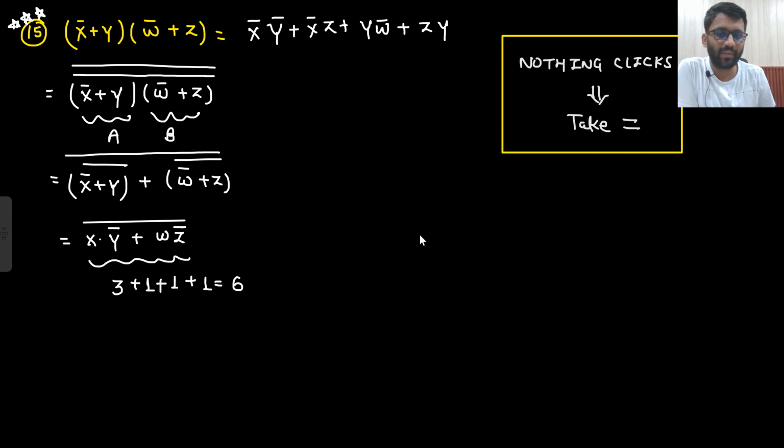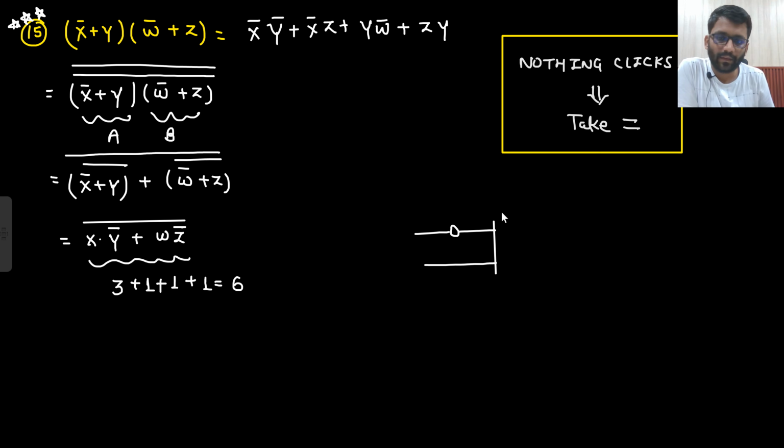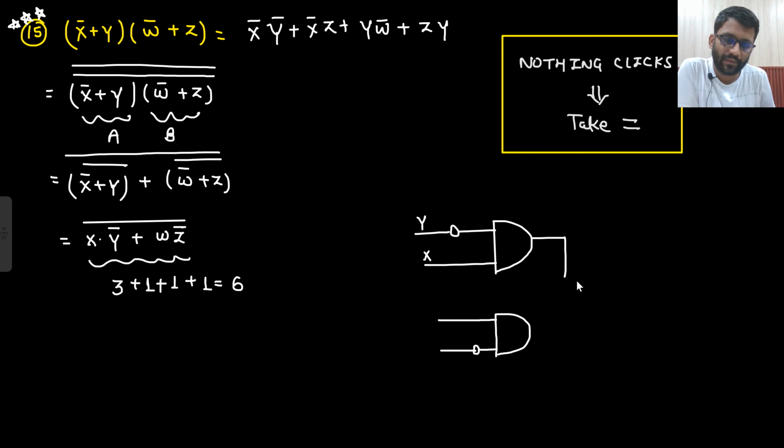Let's make this structure. Very easy it will be. Y bar into X, Y bar into X, W into Z bar, then addition, and then whole bar.